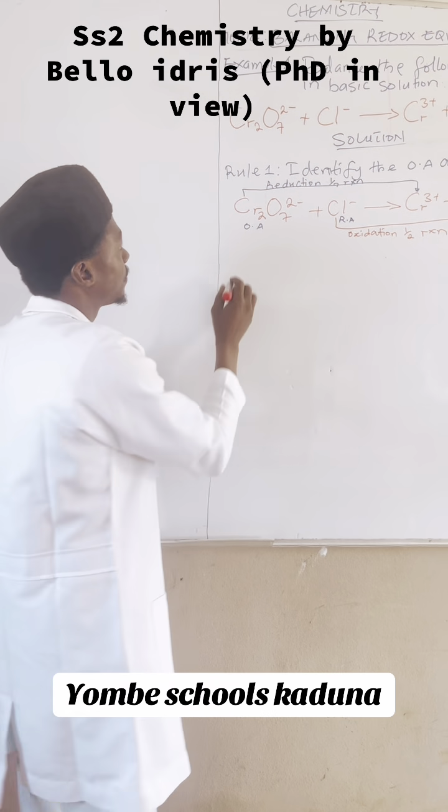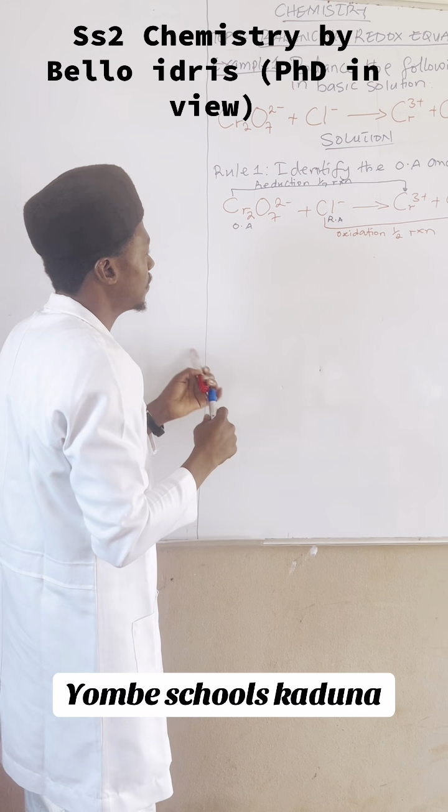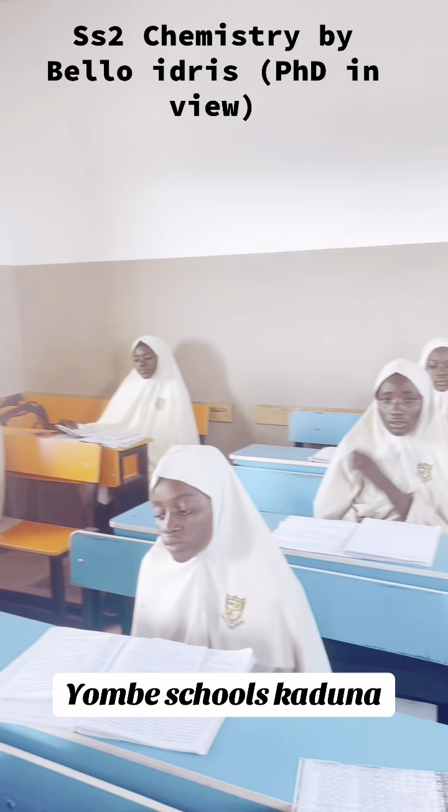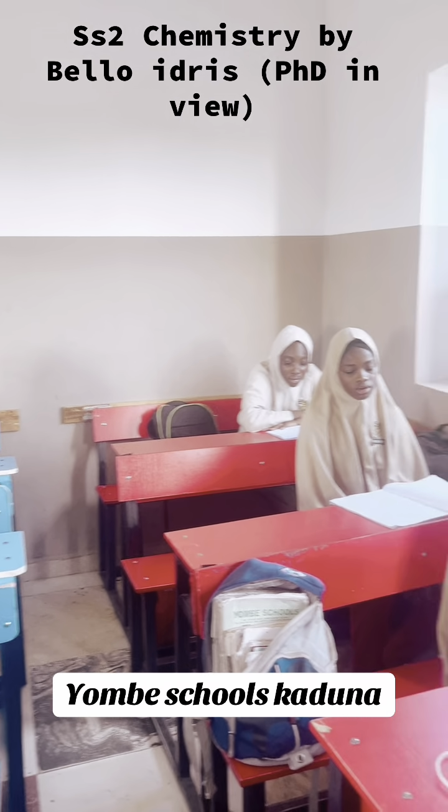Rule number 2. Write the half equations for each of the oxidation and the reduction. Rule number 2 says what?